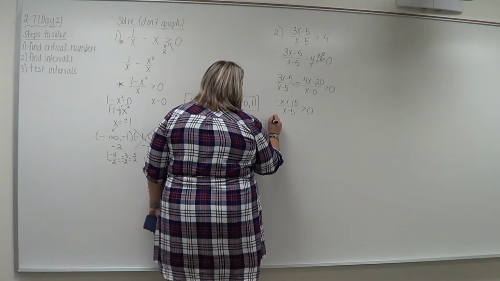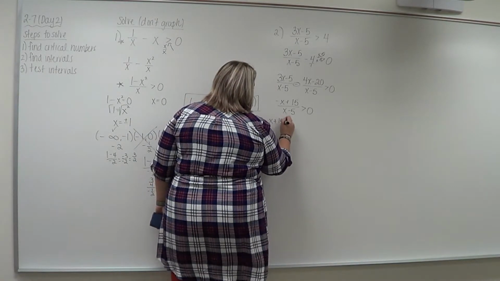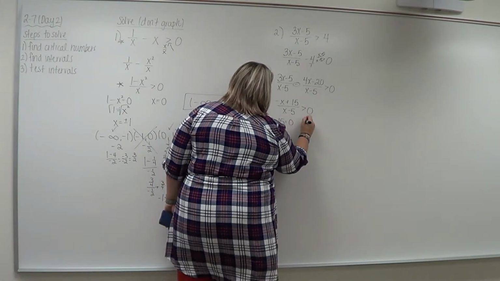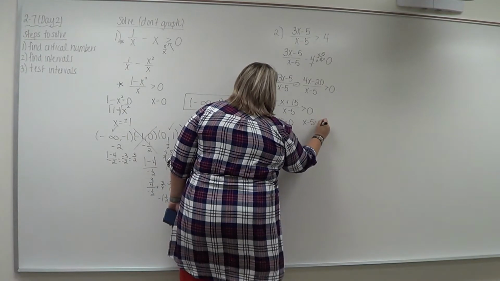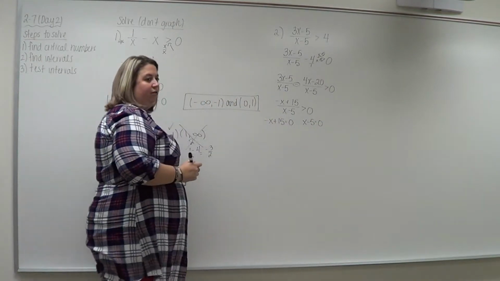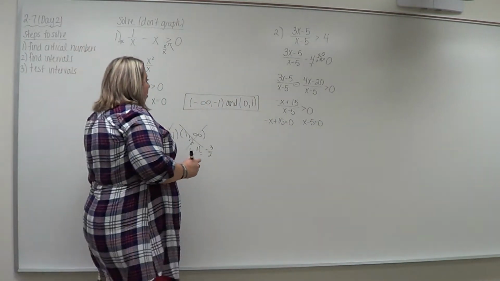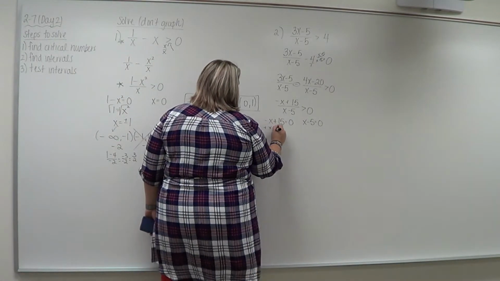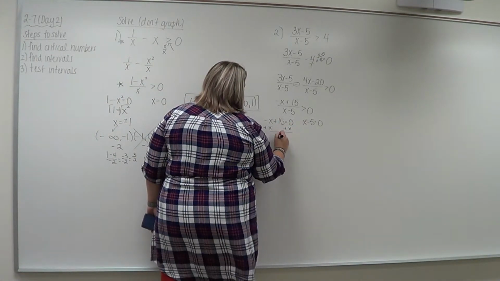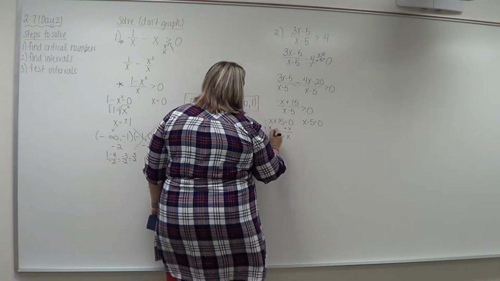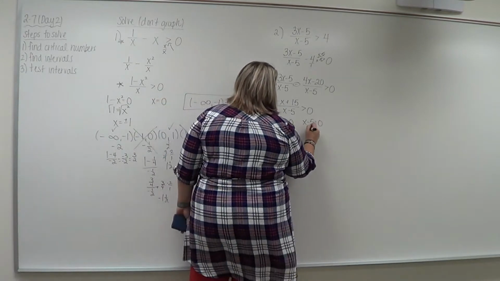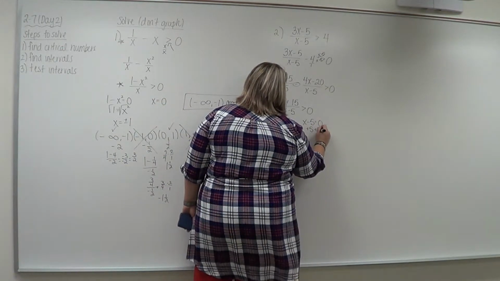So then I would set the numerator equal to 0 and the denominator equal to 0 to find your critical numbers. So for this one I would add x. So one critical number is 15. And my other critical number is 5.